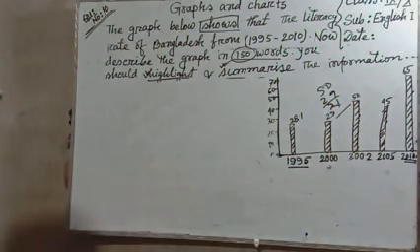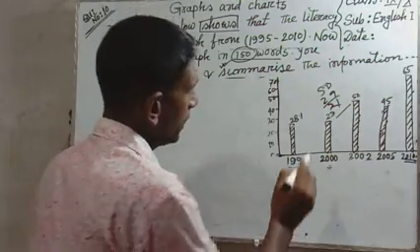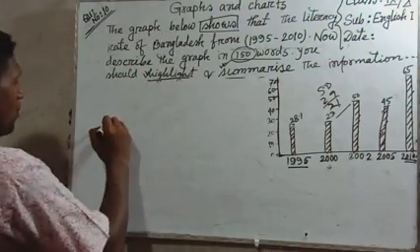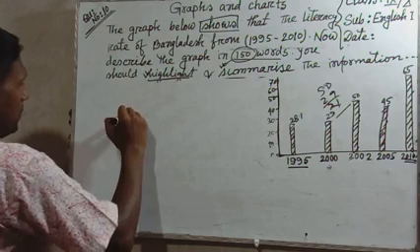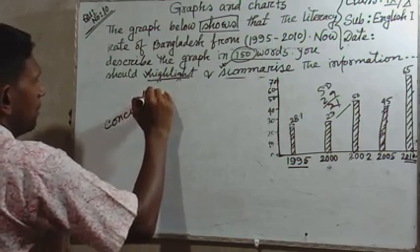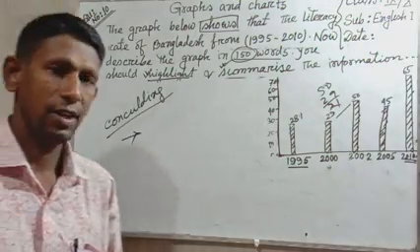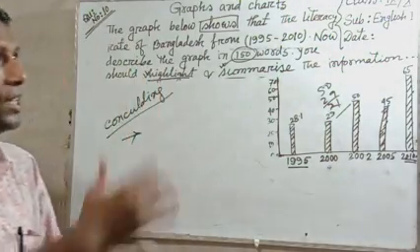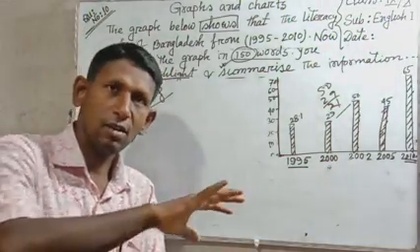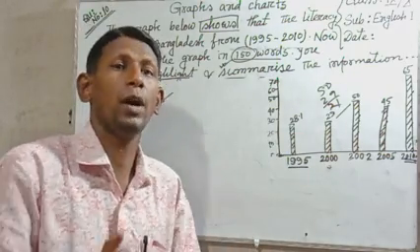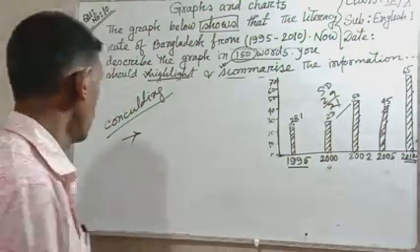Now dear students, we will go to the last portion, that means the concluding section. In the concluding or ending sentence, you can use as a result, in conclusion, overall, moreover.